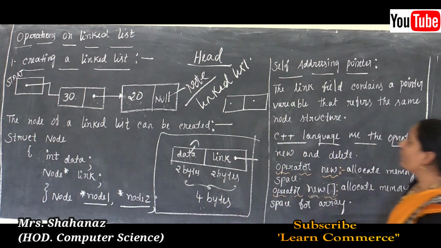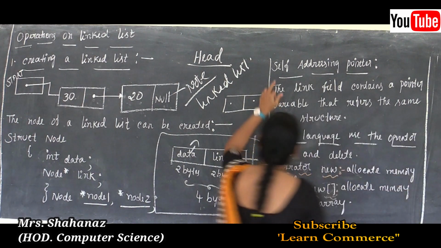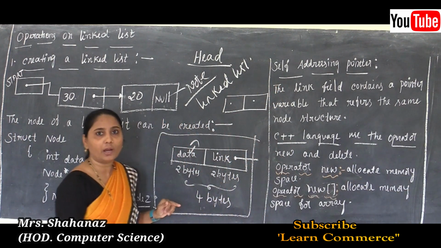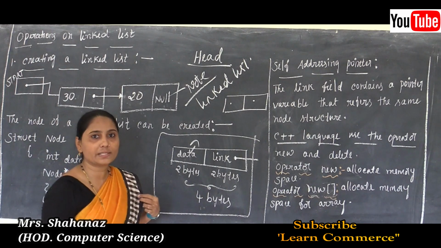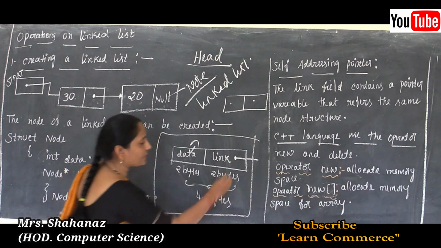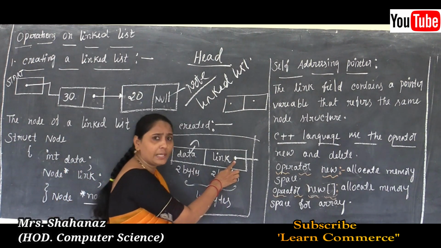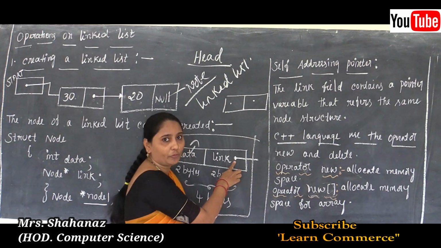Now let's see the next point, the self-addressing pointer. What do you mean by a self-addressing pointer? The self-addressing pointer means the link field contains the pointer variable, correct?